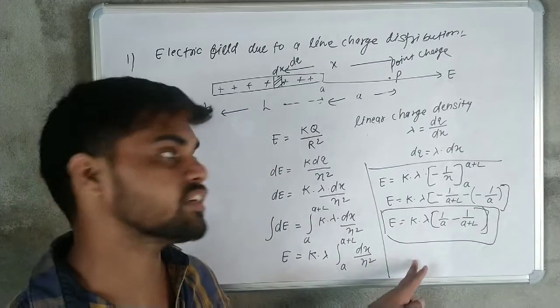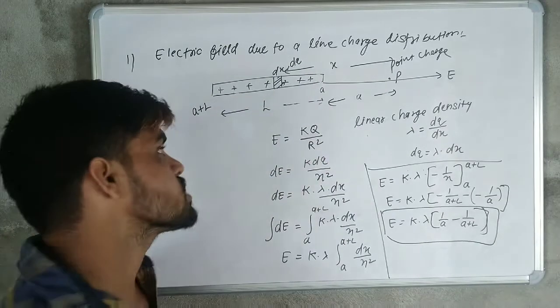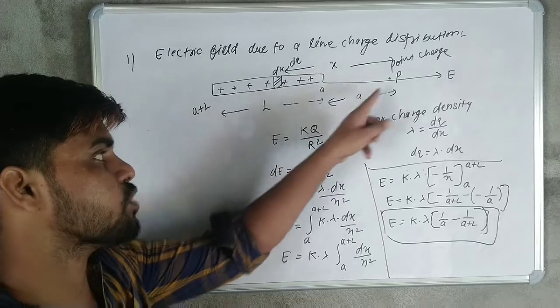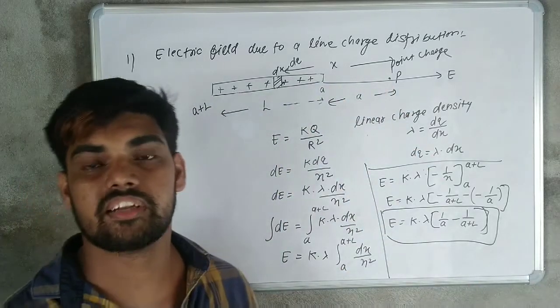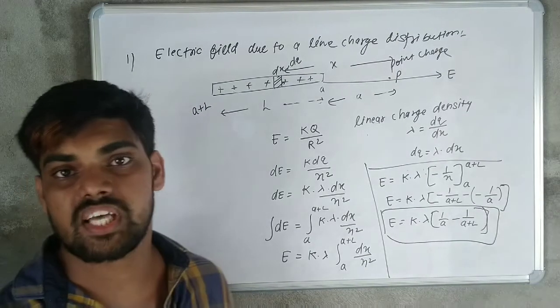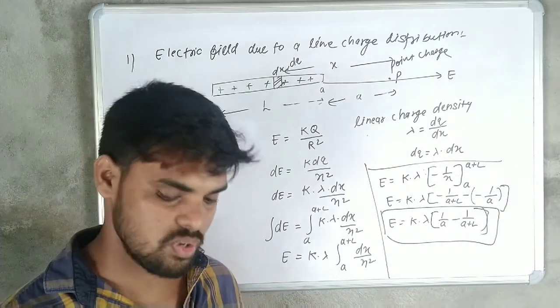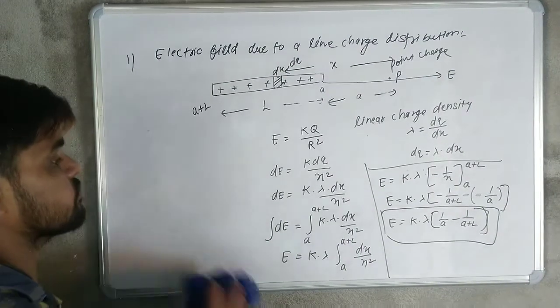This is the electric field due to a line charge distribution, and the point lies on the x component. Now we discuss the electric field due to a semicircle, where we see there are two components, on the x-axis and the y-axis.